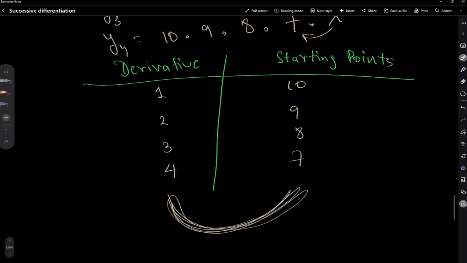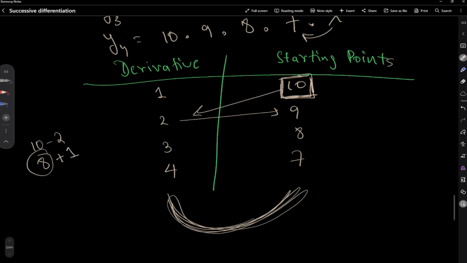So we took the 10 as a starting point. We only took the first term and we subtracted 2. What is 10 minus 2? It's 8. But 8 is not equal to 9. So to get the correct answer, we added a 1. So we get 9, and it is correct.